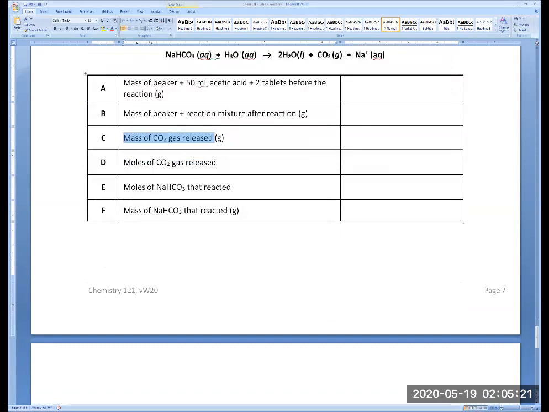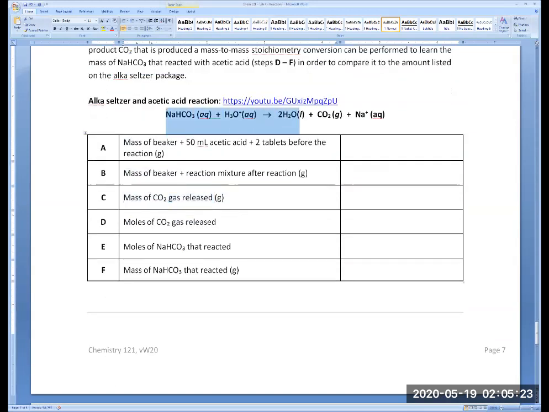Next, using the equation here, calculate the moles of NaHCO3 that has reacted. So notice how 1 mole of NaHCO3 will give 1 mole of CO2. So that means the moles of CO2 released will be equal to the moles of NaHCO3 that reacted. But you will need to show that in question 1, right?